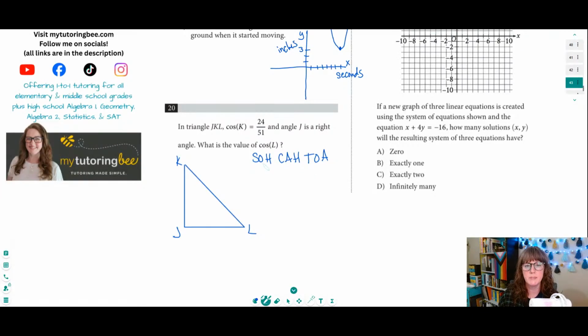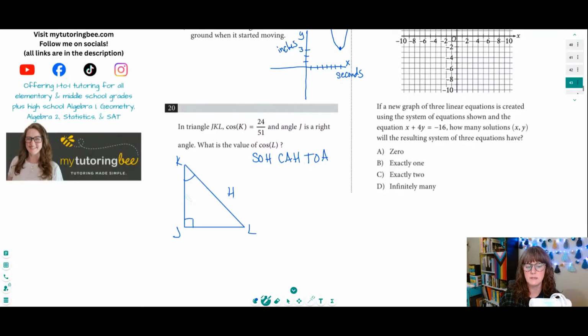So O is for opposite, H is for hypotenuse, and A is for adjacent. It's telling us that cosine of K, so this is our 90-degree angle right here, cosine of K, this angle, is adjacent over hypotenuse. The hypotenuse is always across from the 90-degree angle. So that's our hypotenuse over there.